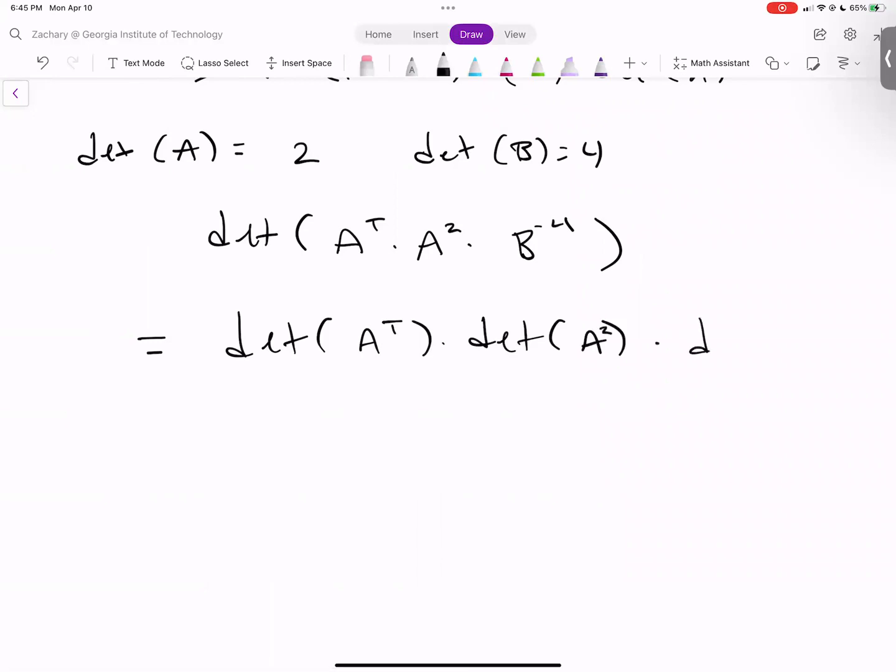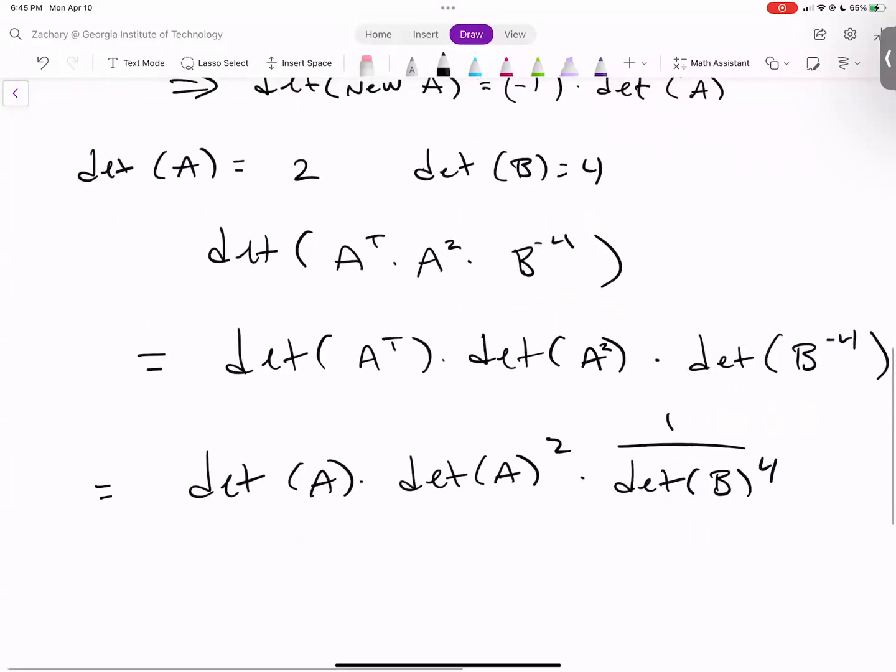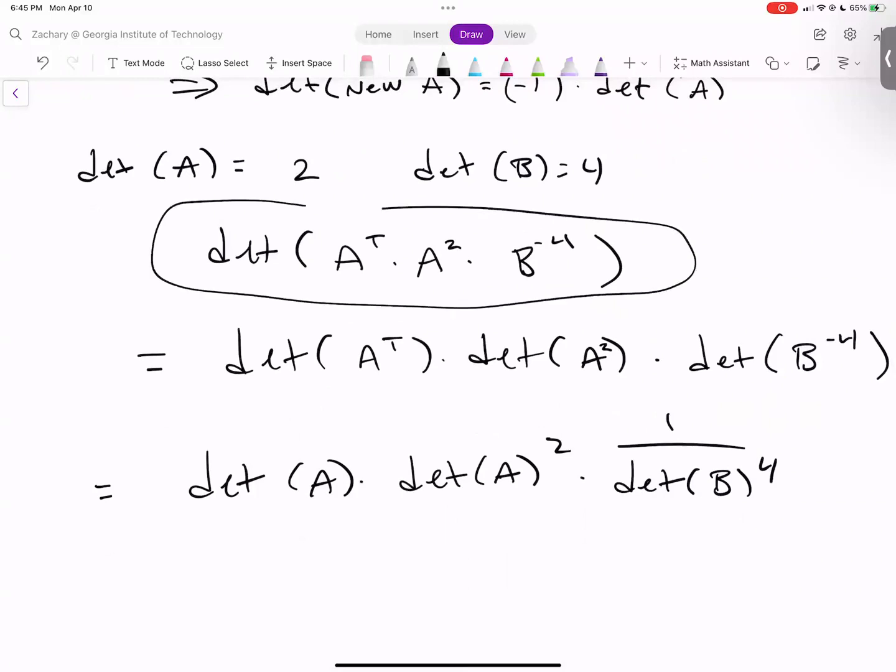So that's the determinant of A times the determinant of A squared times 1 over the determinant of B to the 4th. So that's just applying these rules to solve this whole headache, and it equals 8 over 4 to the 4th, which is 16 squared, that's 196, I think.